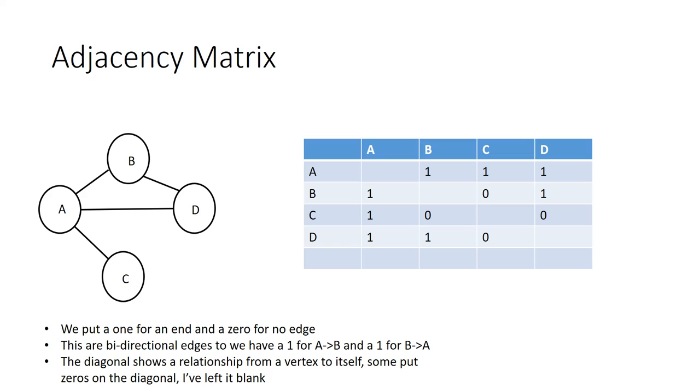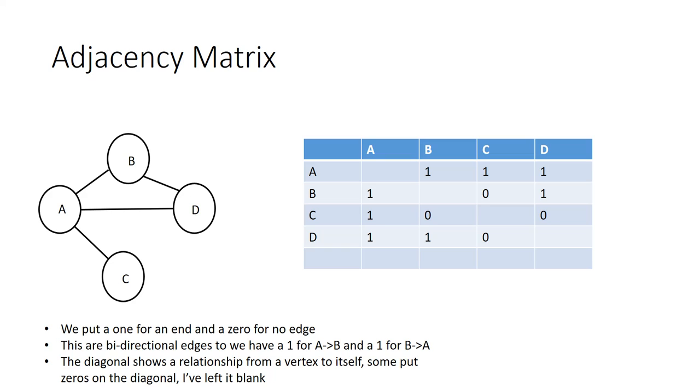You'll notice that we end up with a mirror image: above the diagonal and below the diagonal forms a mirror. That's because of our bidirectional links. Every place that we have a 1 from a vertex to a particular vertex, for instance, A to B, we have the reverse, B to A, and so we end up with a mirror image.